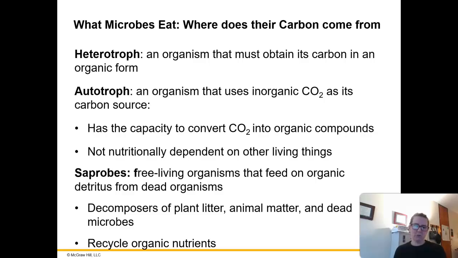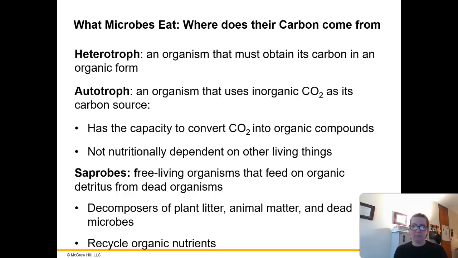But photosynthetic creatures, some of my favorite things, of course, plants and algae, either microscopic algae or things like kelp, these things are autotrophs. So auto means self, troph means feeding. So these organisms have the necessary machinery to use inorganic carbon dioxide as their carbon source, right?